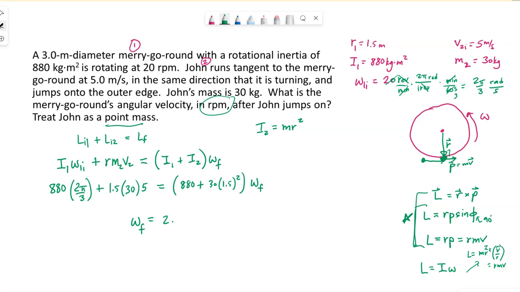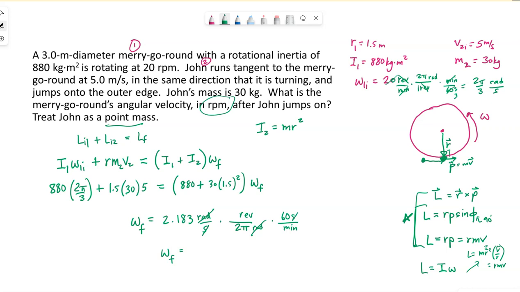I'm getting 2.183, but this again is in radians per second. We converted omega 1 initial to radians per second. The R and V, the radians are implied. So we do need to convert back. So 2 pi radians in a revolution, and then 60 seconds in a minute. Make sure my seconds cancel. So getting this back to RPM, I'm going to multiply by 60 and divide by 2 pi.